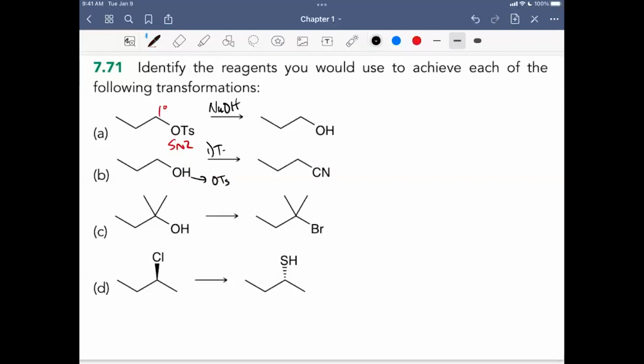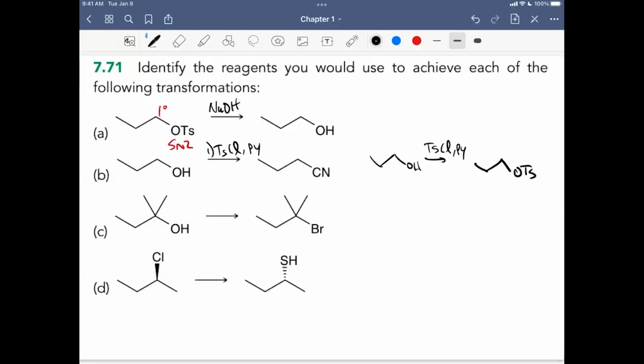So you can do TsCl with pyridine to make this go from, and I'll write the synthesis out here. Oops, kind of wrote that backwards. So when you react it with TsCl and pyridine, it becomes OTs.